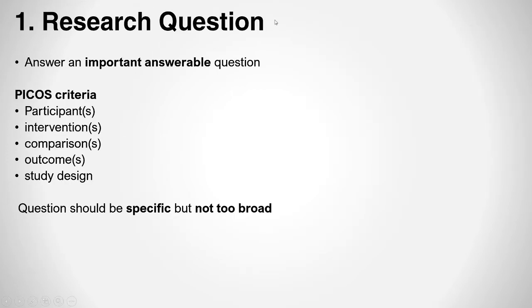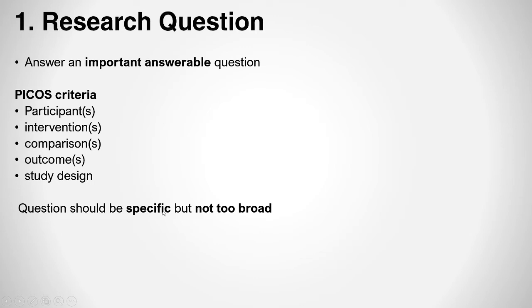So I find a lot of students just struggle formulating a research question out of what appears to be lack of confidence. So just put together your research question and from that your search terms. So use PICOS criteria.